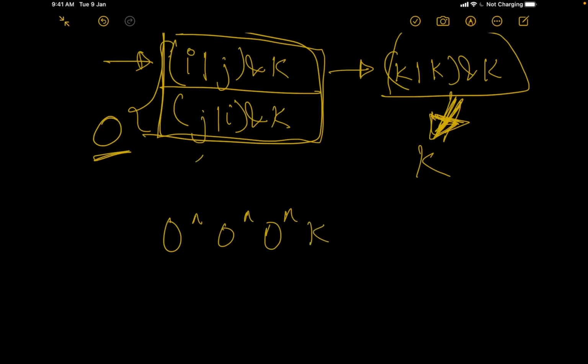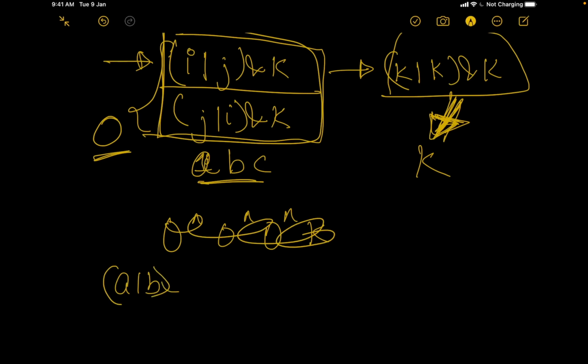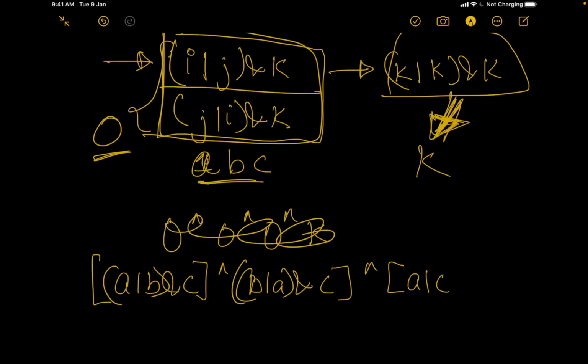Let's say I had 3 elements, let's name them A, B, C. At the end, it would be something like (A OR B) AND C, XORed with (B OR A) AND C, XORed with (A OR C) AND B, XORed with something else, and so on.